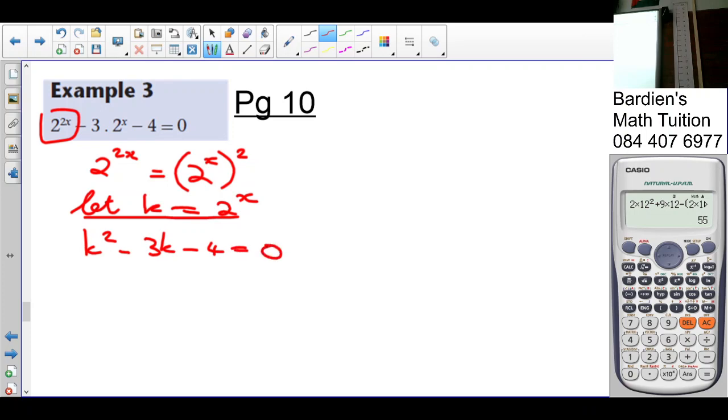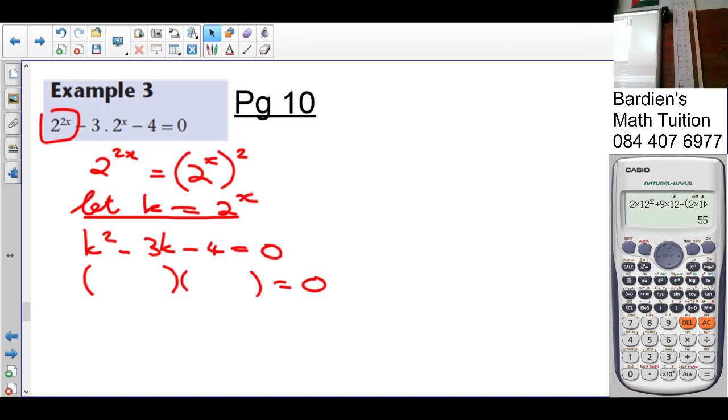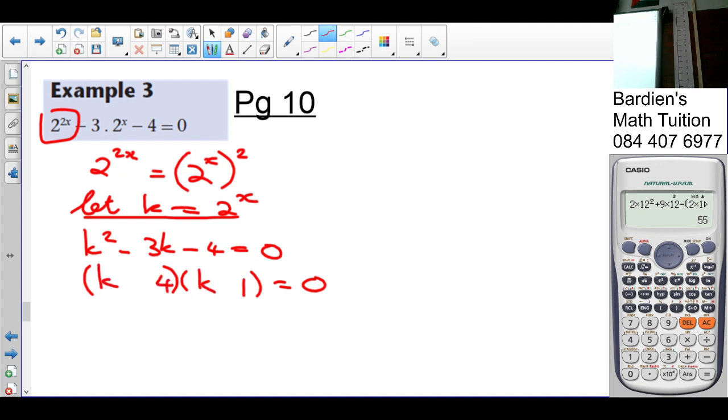So what do we see now? Trinomial. So factorize the trinomial. Okay. So what does this factorize into? k and k, 4 and 1, minus 4 plus 1.